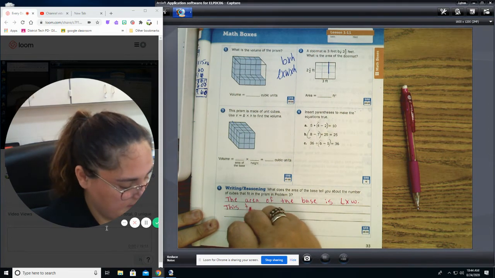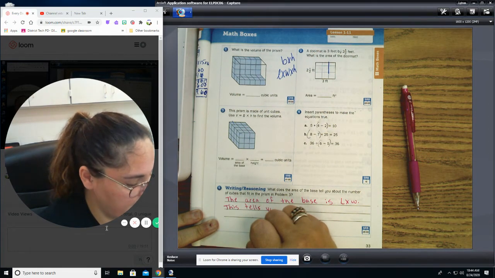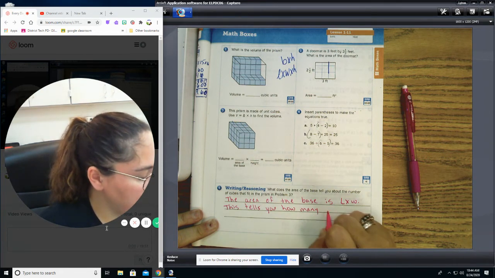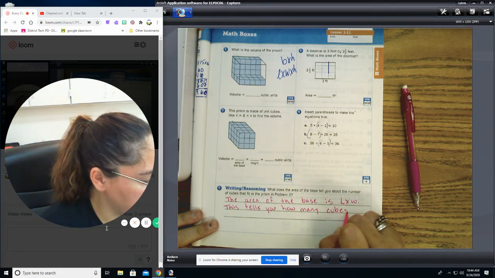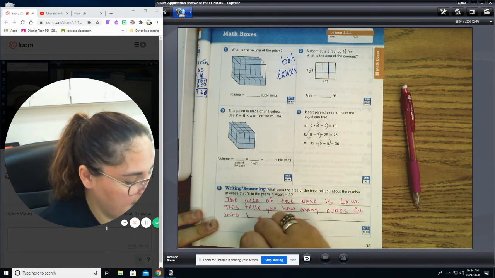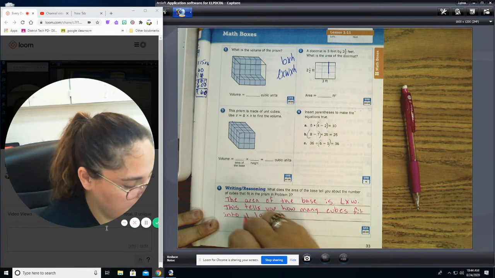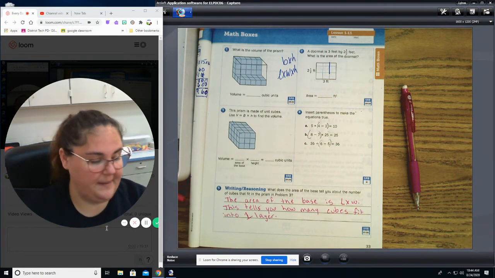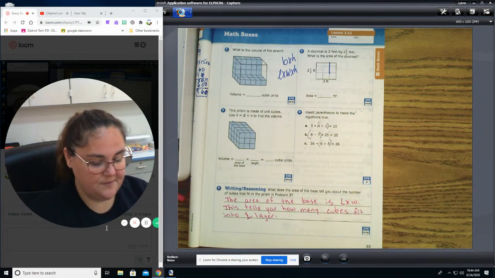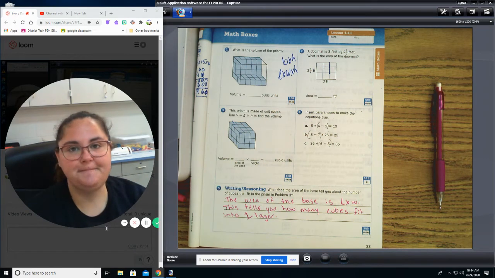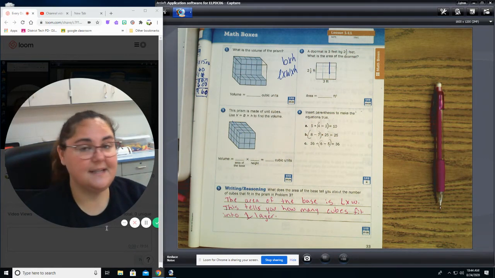This tells you how many cubes fit into one layer. Remember we did the layer problems last week? So that tells you how many cubes fit into one layer. If you have this exact wording, that is how you get points. If you have anything else, I'm not going to give you credit.